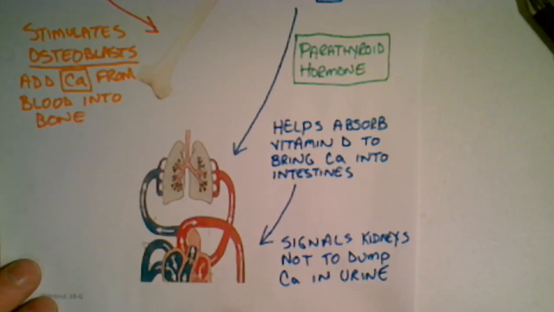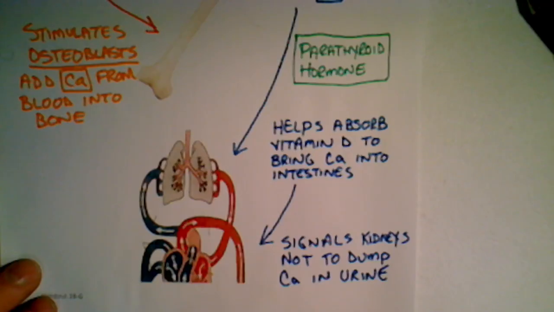If you have excess calcium in your blood, you'll pee it out. You'll pee out the calcium. But if you don't have enough calcium, then parathyroid hormone will tell your body not to dump calcium out into urine. So again, this is just a negative feedback system where we are regulating the calcium levels in our bloodstream.